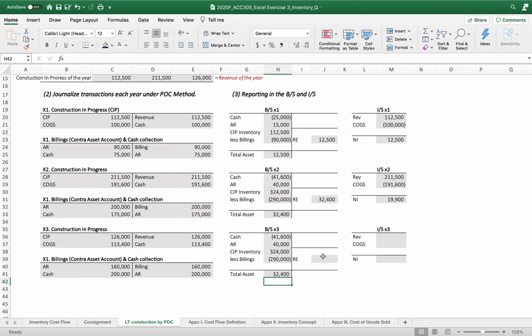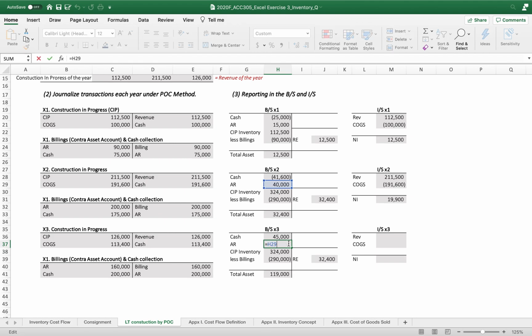So let's just start from there. Exactly the same value as the ending balance of prior year. So here, let's start with cash. We subtract the cash out for the cost of inventory. And then we receive 200,000. So the cash balance at the end of year 3 is 45,000.